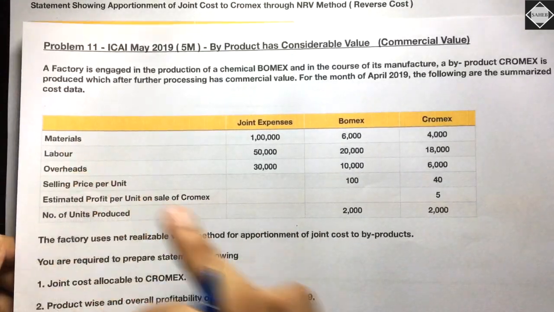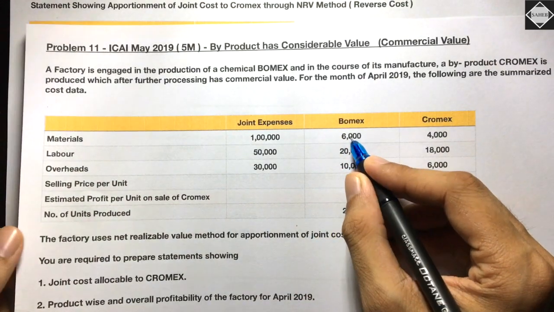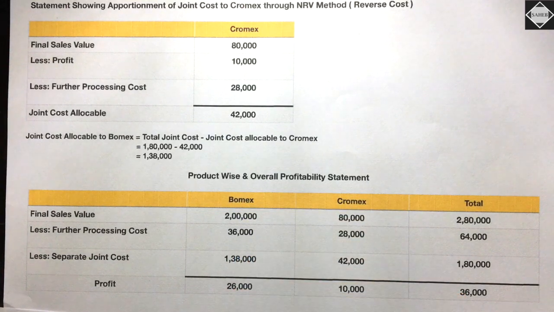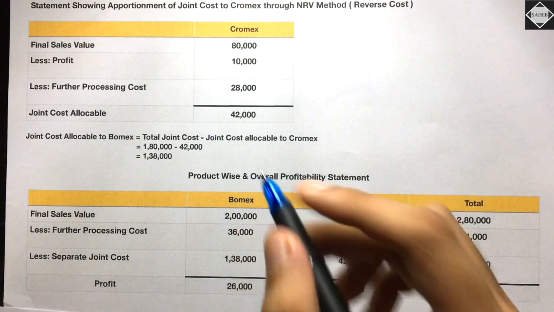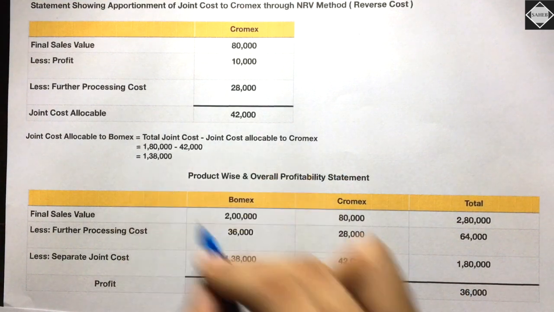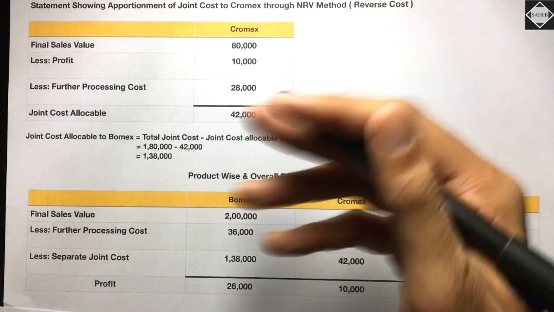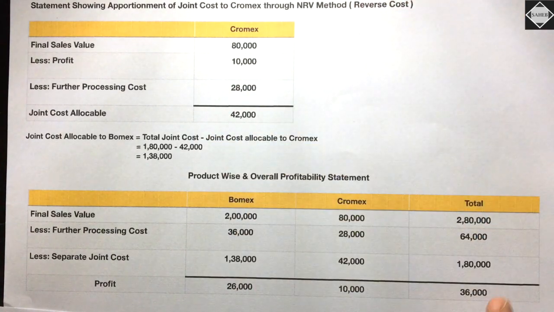Material, labor, overhead are given separately. 20,000 plus 10,000 is 30,000, plus 6 is 36,000. Then the joint cost you already calculated: for Bomex it is 1,38,000, as a balancing figure, and 42,000 in case of Chromex, which you got through the reverse cost method.